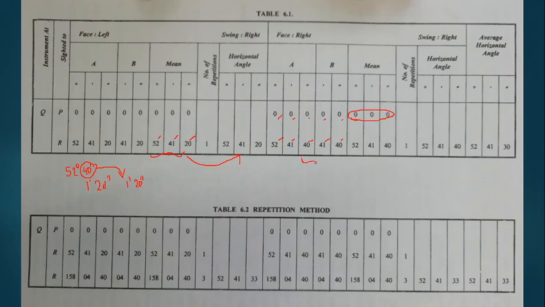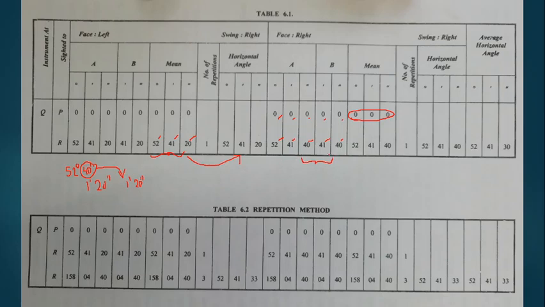This is a rare case, but in our practical work, as we have been doing for the past 7 years or so, if vernier A is 41 degrees 40 minutes, it is quite often that we may get vernier B as 41 minutes 20 seconds, or sometimes even 41 minutes 00 seconds, or it may be 42 minutes 00 seconds, or 42 minutes 20 seconds also, quite possible.